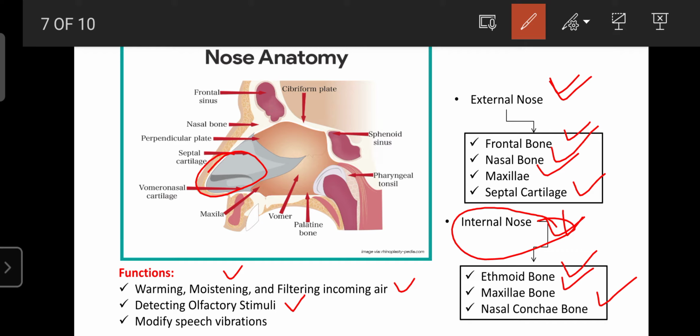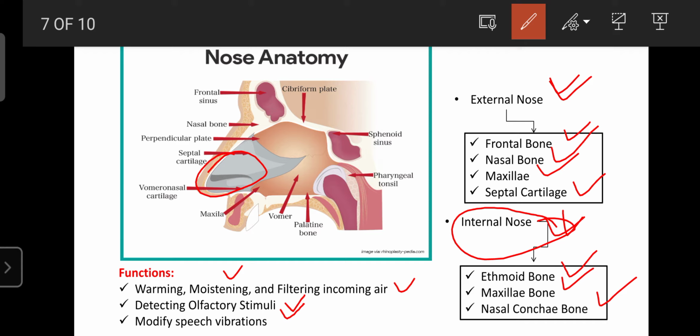Another function of the nose is that it is involved in the modification of speech. It can give a certain resonance to our speech. Without the nose, our sound would not have the Dolby-like sound or resonance, and our speech could not be understood by others.